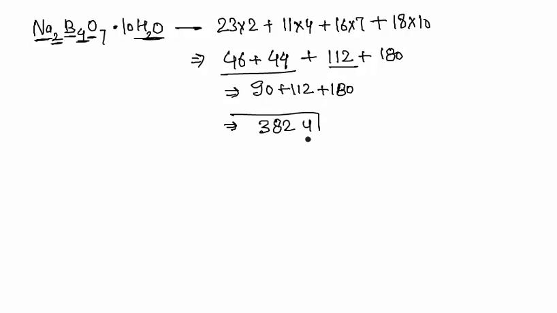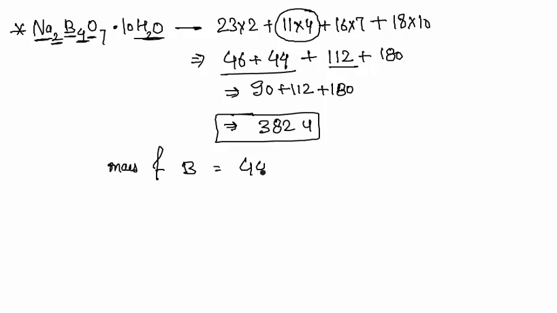So this is the molecular mass of this borax. And how much boron here? It is 44. So the mass of boron here is 44 U. So the percentage of boron in borax is 44 upon 382 into 100.